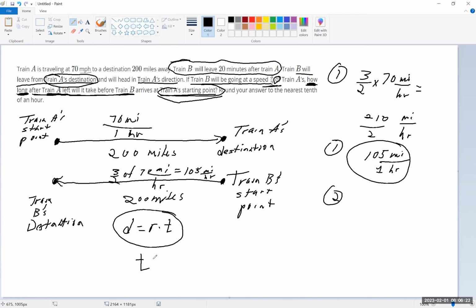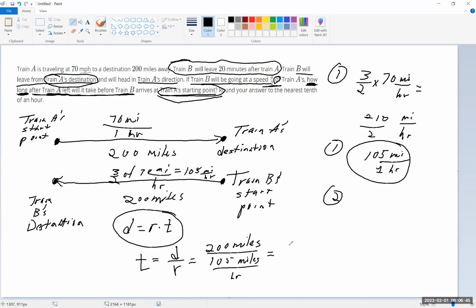So time, if I rewrite this formula, is distance over rate. And in this case, our distance is 200 miles, and our rate is 105 miles per hour.